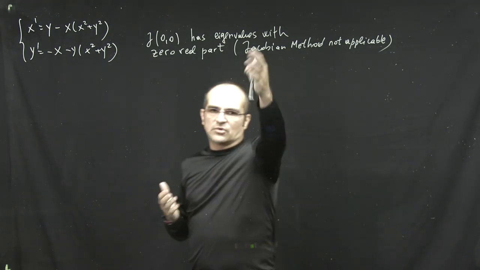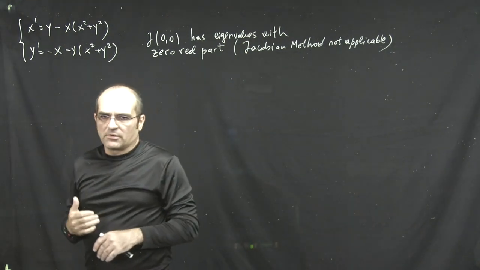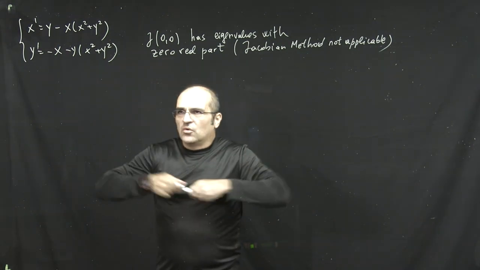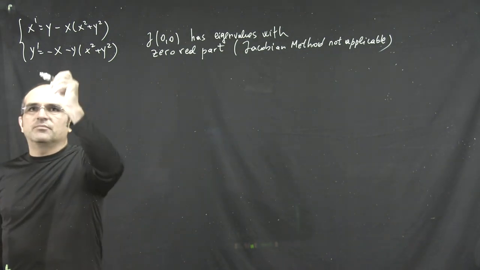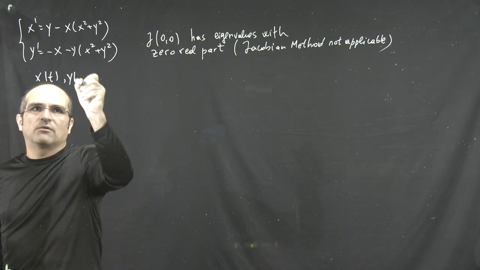The Jacobian, if you compute it, will have eigenvalues with 0 real part, so you cannot use linearization. So this system is suitable for polar coordinates. Remember, x and y stand for x of t, y of t.